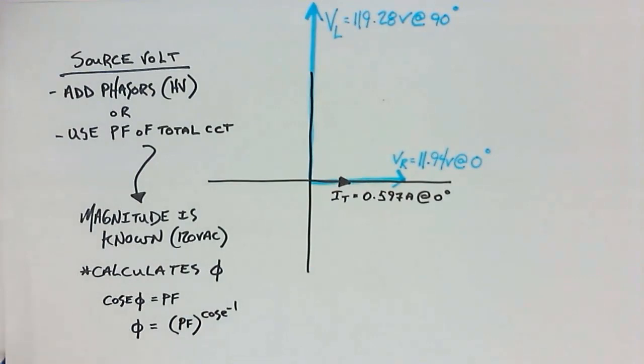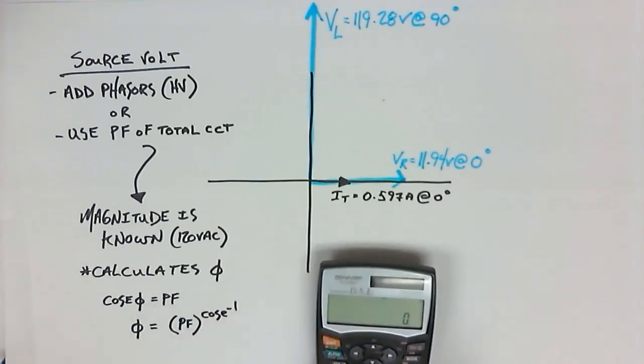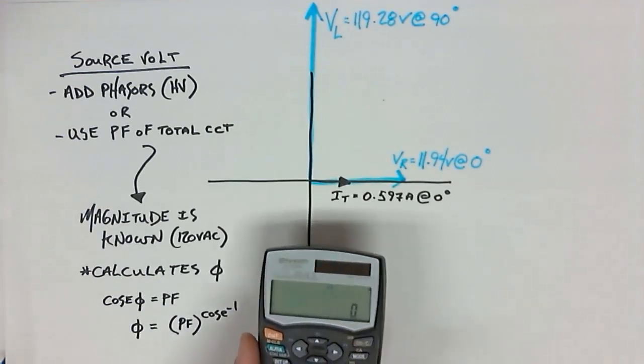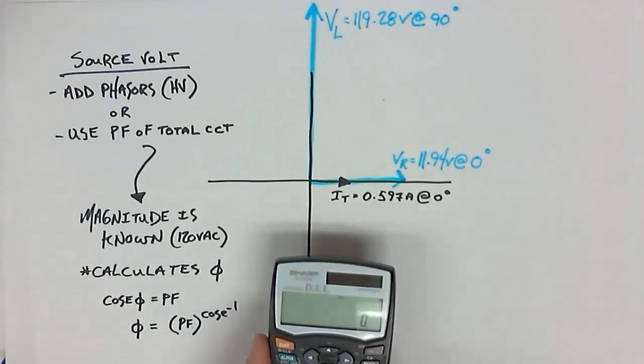So our power factor of this circuit was 0.09. Now apply inverse cos to it. You're going to have to do it the way that your calculator requires it.